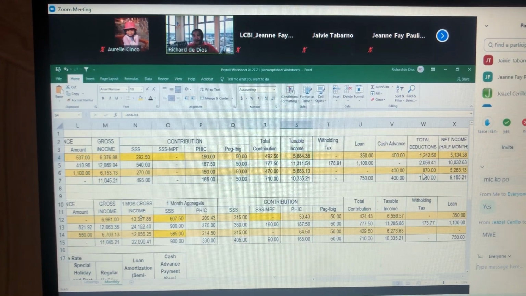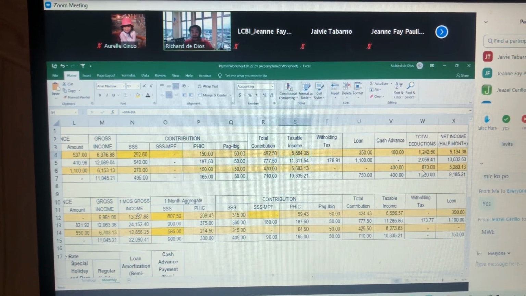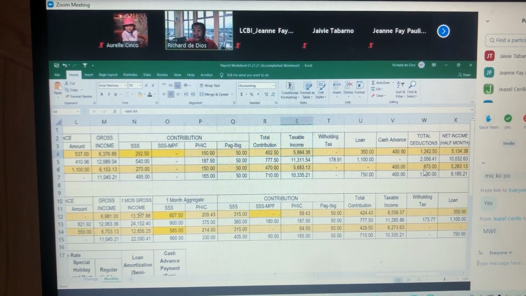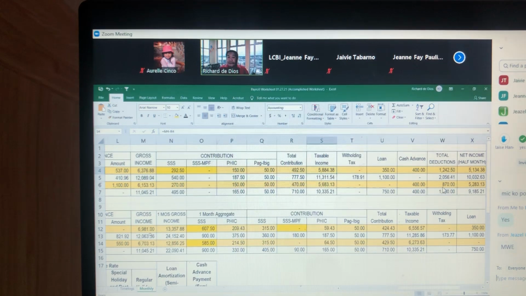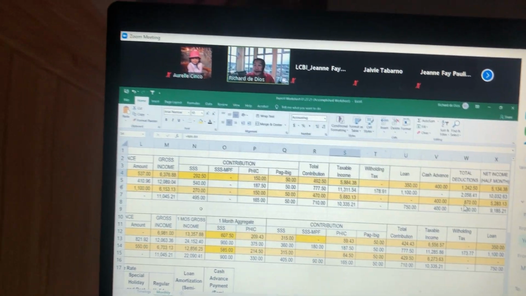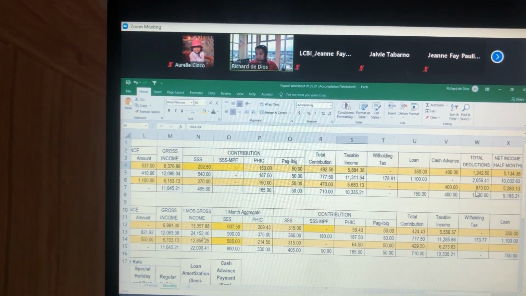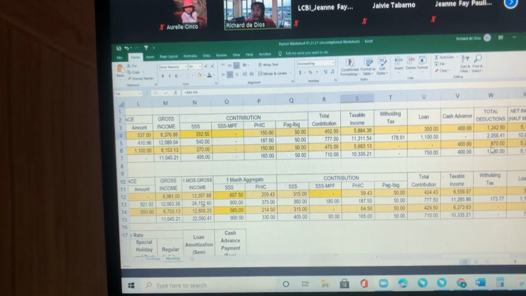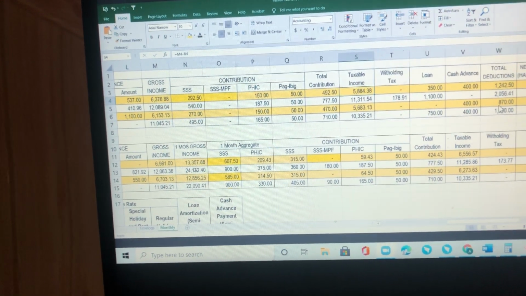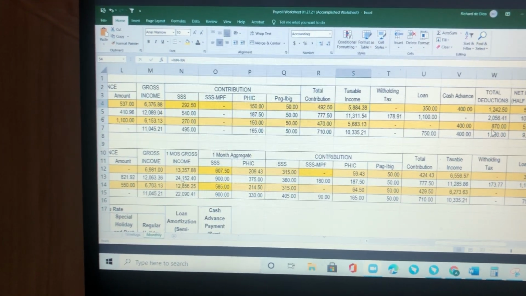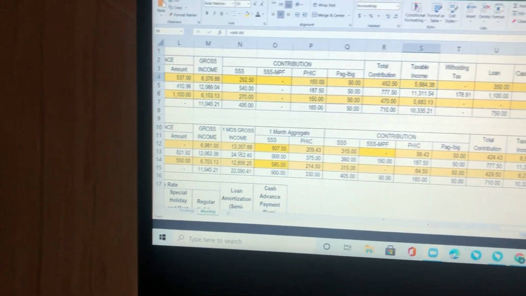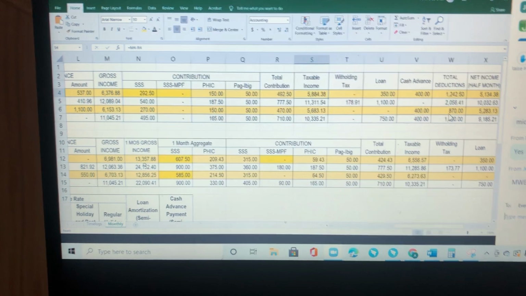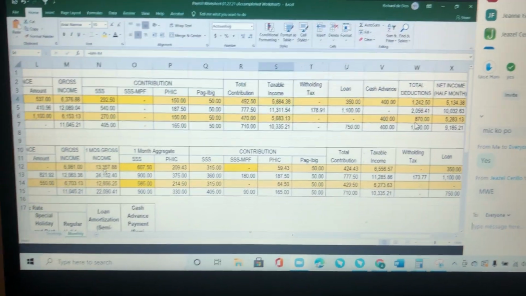After the second half of the month, I took the liberty of computing the gross income for the second half of the month. Then I add gross income here, this gross income for the second half of the month. Then may 1 month gross income na ako, right? If I have 1 month gross income, I can now use correctly the SSS and PhilHealth table. For example, 13,357 is basically 13,350 sa SSS table.